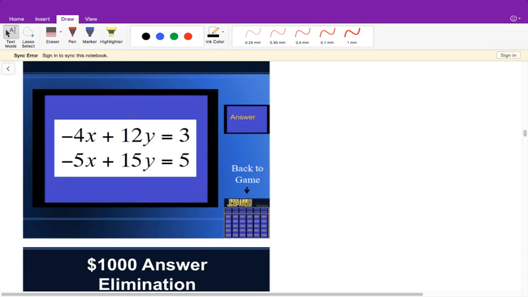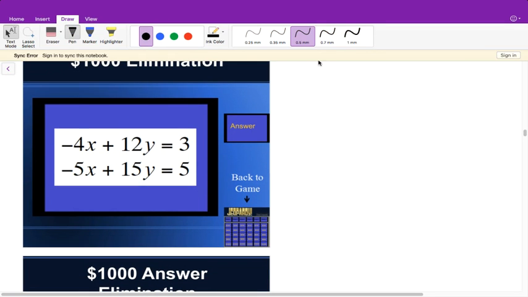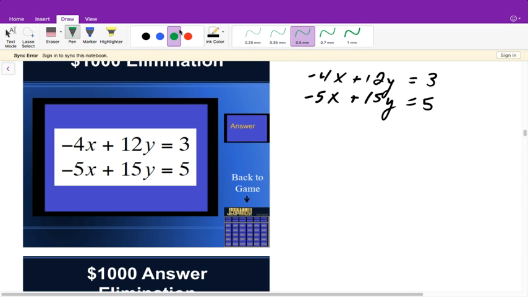So now let's go ahead and work on to this next one. We have negative 4x plus 12y is equal to 3, and negative 5x plus 15y is equal to 5. Once again, I'm going to eliminate my x's just simply because I know what the least common multiple is of 4 and 5 easier than I do of 12 and 15. So this will need to be multiplied by 5. This will need to be multiplied by 4.